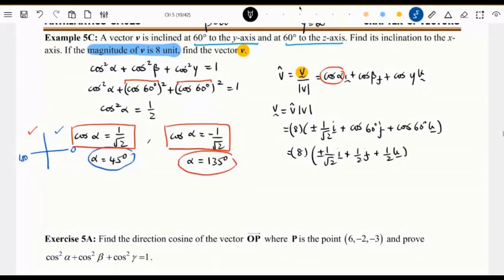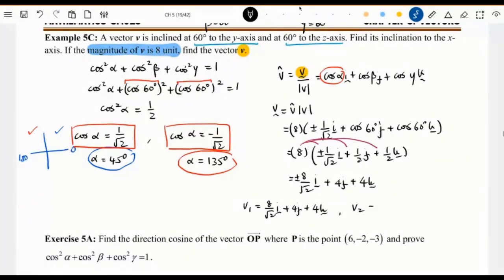So your vector V ada dua. Okay, ataupun saya simplify dia. So kita masukkan ke dalam bracket ni. So we're gonna have 8 plus minus 8 over square root 2 i plus 4j plus 4k. Okay, so your V1 dia boleh jadi positive 8 over square root 2 i plus 4j plus 4k.